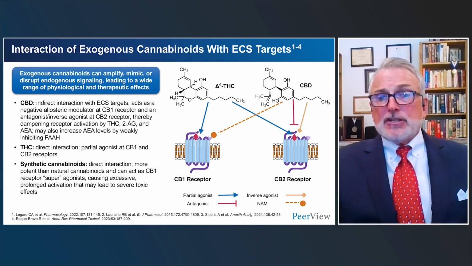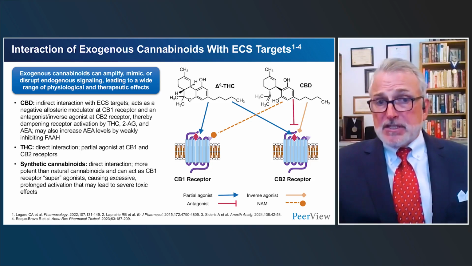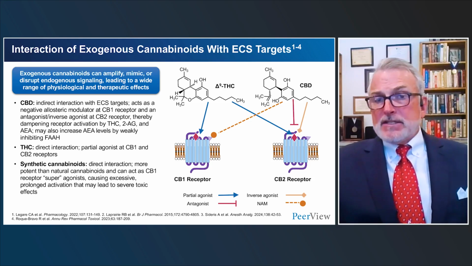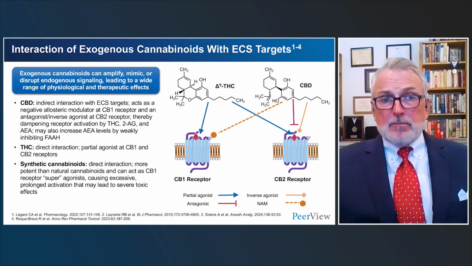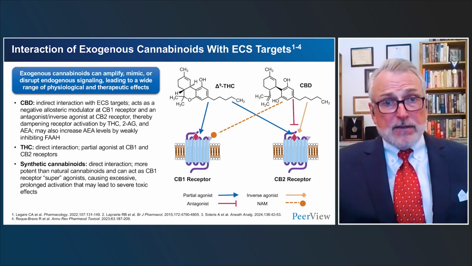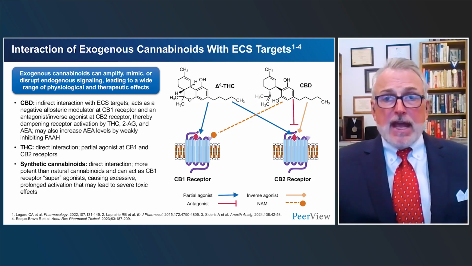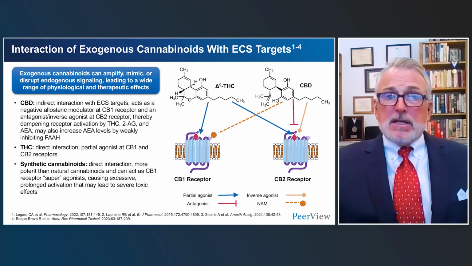And so briefly, I'll just point out that what CBD does is it inhibits CB1 and CB2. It inhibits CB1 by serving as a negative allosteric modulator. It does not bind in the active site of CB1, it binds in another site, and it reduces the activity of that receptor.